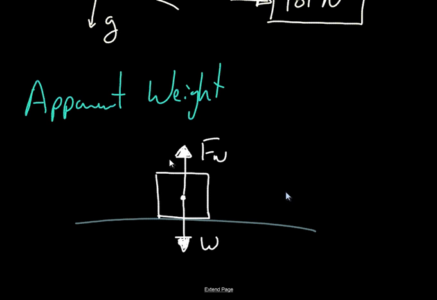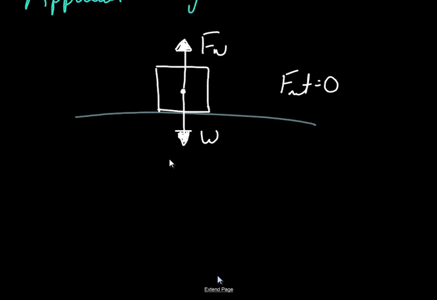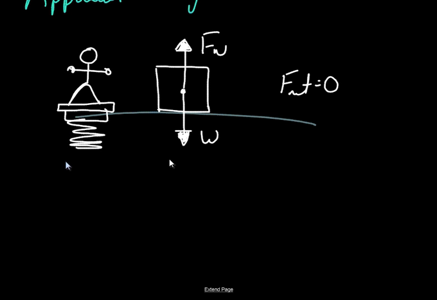If an object is sitting still on the surface of Earth, the net force on them is equal to 0. Weight is always directed towards the center of the Earth. But what this object would experience as its weight, or if we change to a person, and imagine that we're putting a scale underneath them, so here's a scale. The underside of a scale has a spring on it.